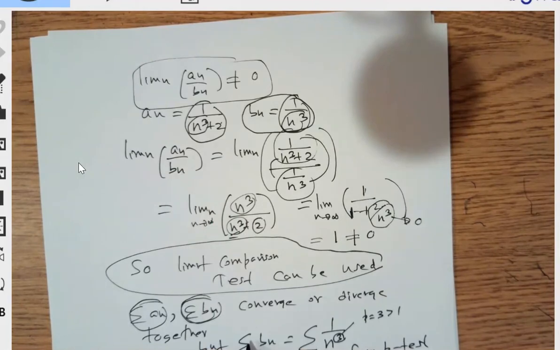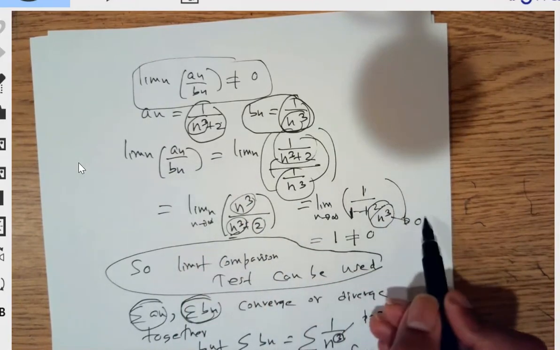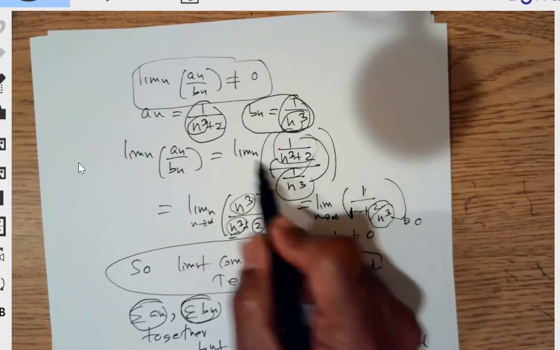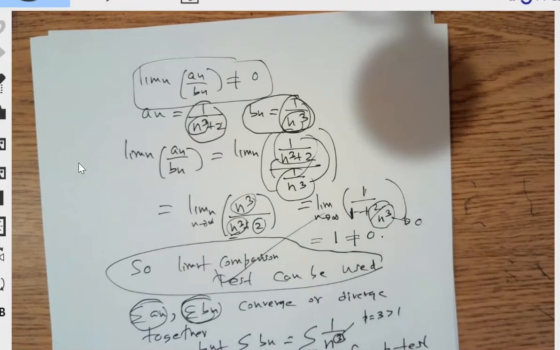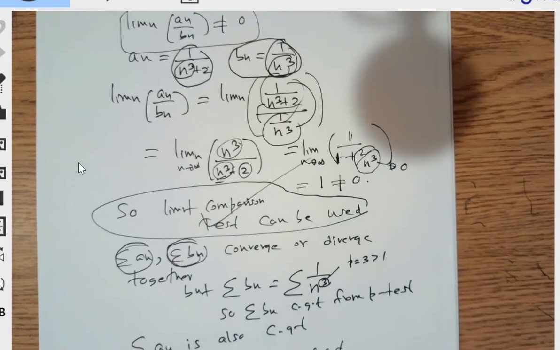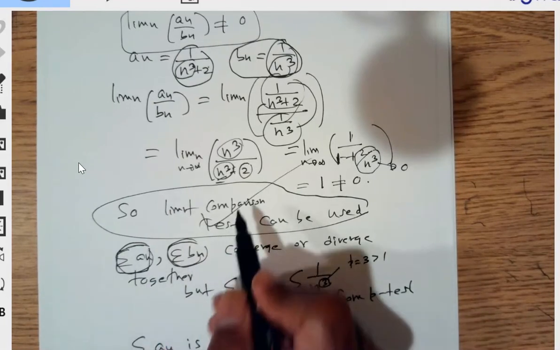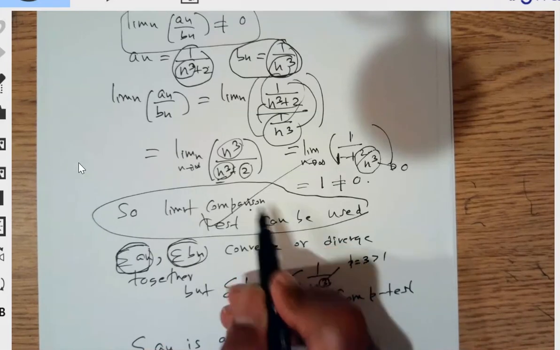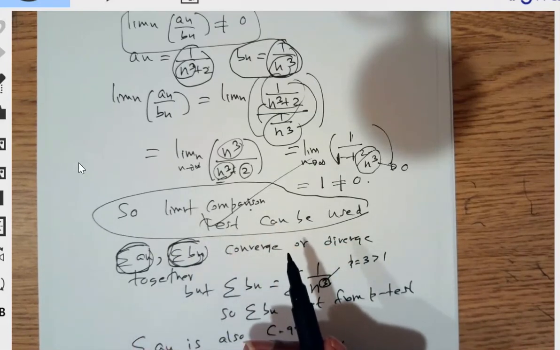Before I use the test, I want to make sure that the limit of an over bn is not equal to 0. So I took the limit of an over bn, and it is not equal to 0, which is good news because then the limit comparison test can be used. Only now are we checking whether our series is convergent. If the partner series is convergent, we are done, or if the partner series is divergent, we are done too.